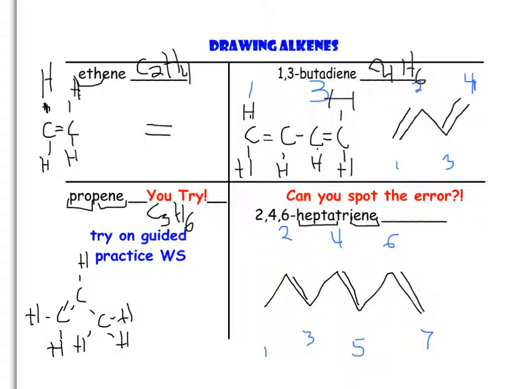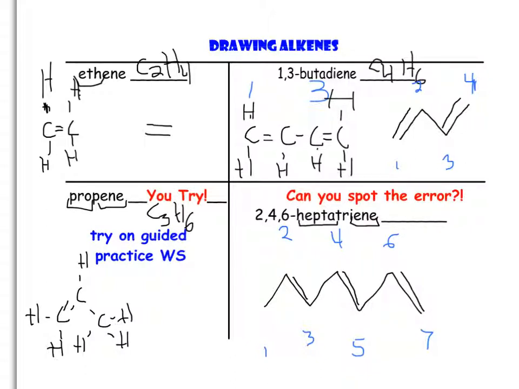But when you're numbering, you always want to make sure you have the lowest possible numbers up here. What that means, and I talked about this before, is you can start counting from either side. So I could go 1, 2, 3, 4, 5, 6, 7. Or I could count this as 1, 2, 3, 4, 5, 6, 7. And you'll notice if I start from this end, I'm going to go through and erase my numbers here.